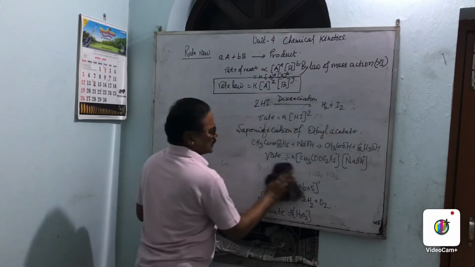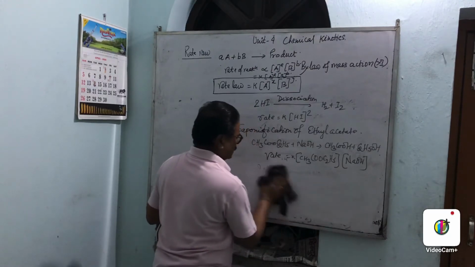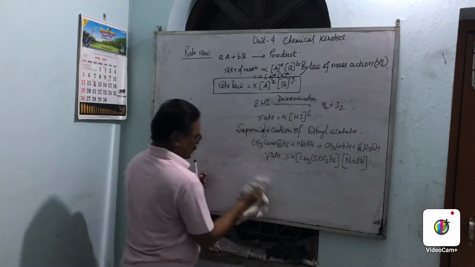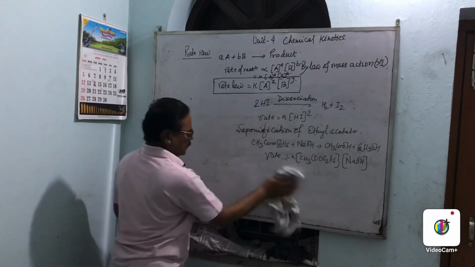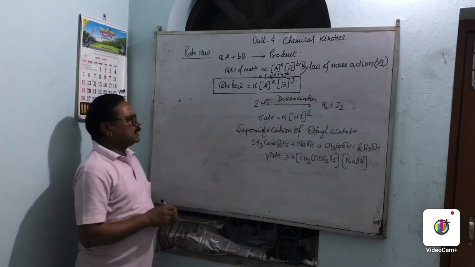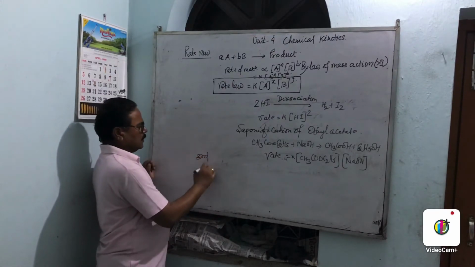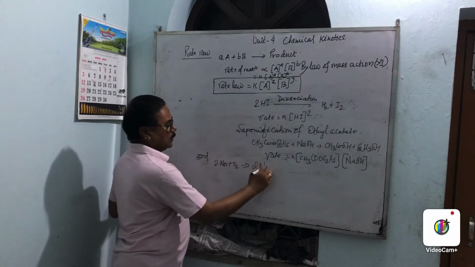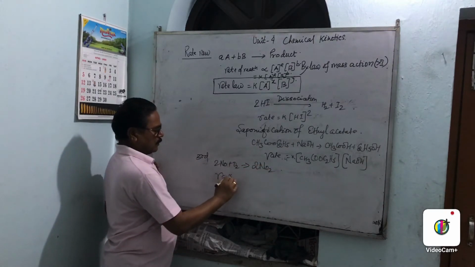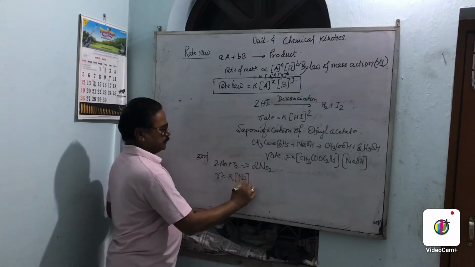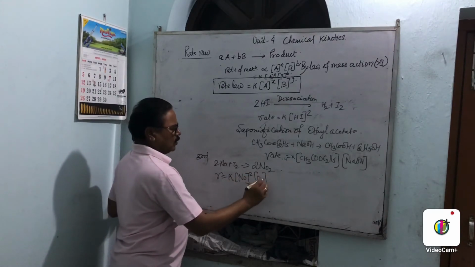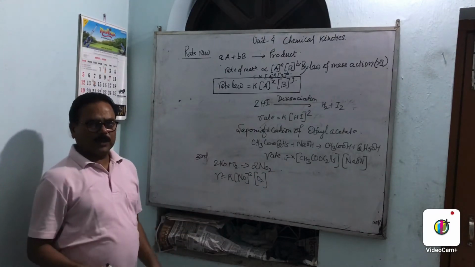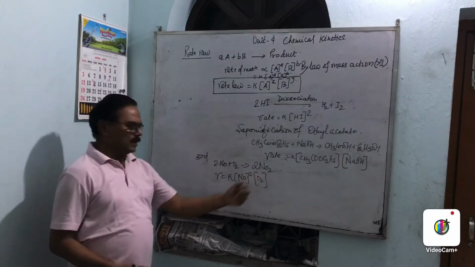Now there is an example of a third order reaction: 2NO plus O2 gives 2NO2. This is also an example of a third order reaction. At least one example you should remember: third order, 2NO plus O2 equals 2NO2. So its rate is written as K times NO squared times O2. Here, by luck, the power is equal to the coefficient, 2 and 1, although X may or may not be equal to the coefficient.